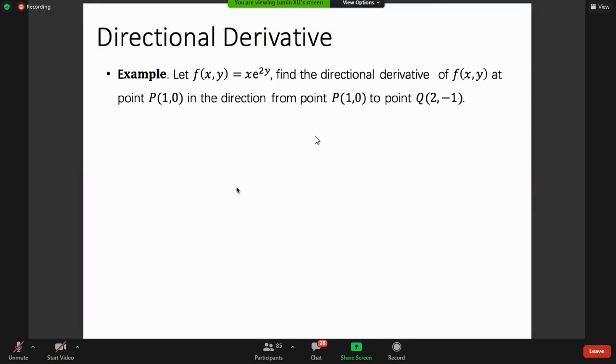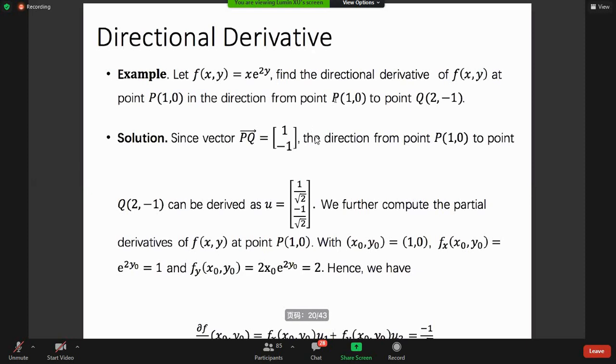Okay, let's look at the solution. First, we should decide the direction, right? Because it's from point P to Q, the vector should be like that. And in order to decide the direction, we should change it to a unit vector.